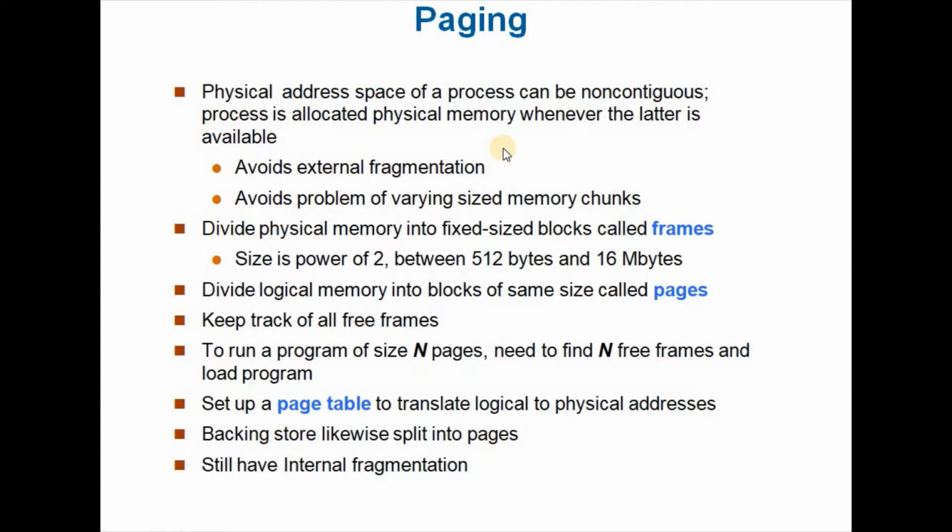We can copy each and every page into frames available in the primary memory, which may be non-contiguous. A process is allocated physical memory whenever it is available. Here also we have a small problem called internal fragmentation.